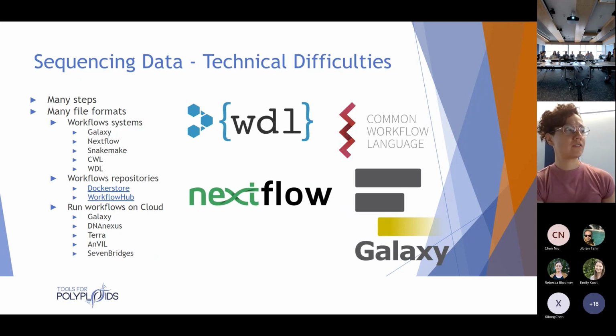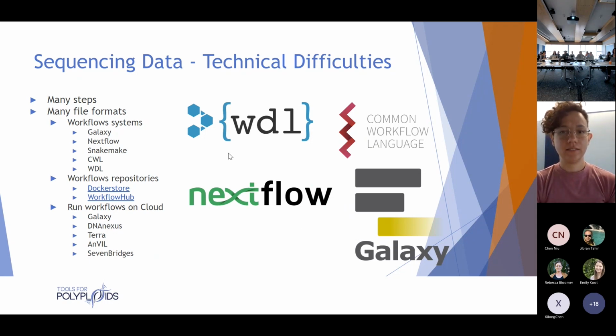I went to a conference where they were all discussing, no, mine is better, mine is better. Of course. Yeah, and then I just stuck with the one I learned. And what I heard from them is that WDL is easier for people who come from biology, so that's me, and I kept with that.